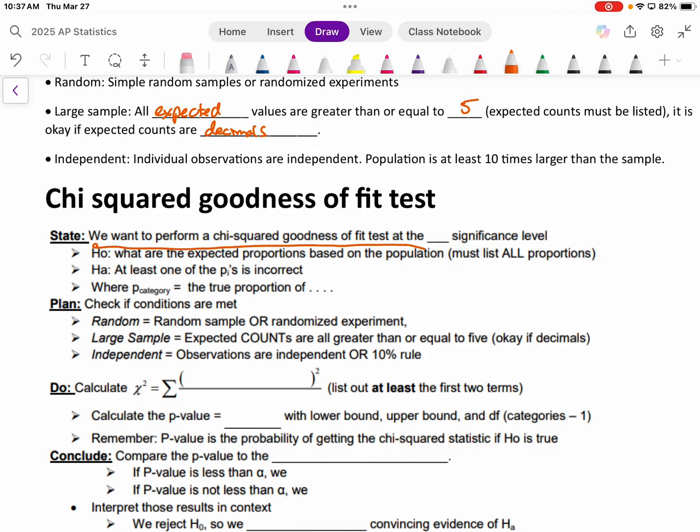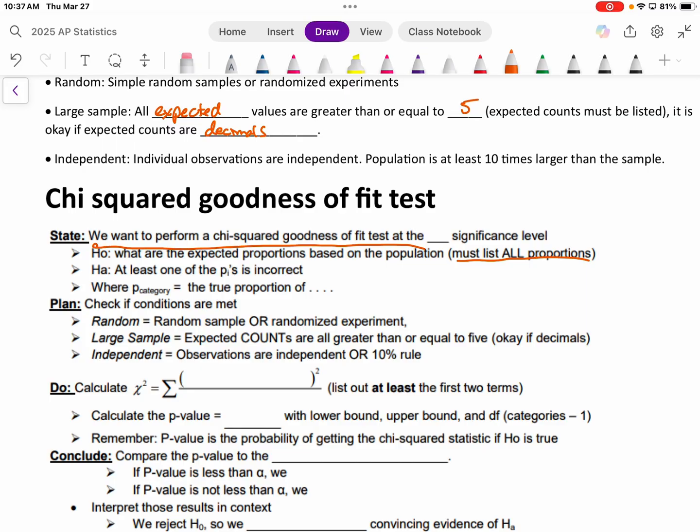In our null hypothesis, we put the expected proportions based on the population. We must list all of them. For example, I do have the data from the M&Ms that we can do here in a little bit, from my other class, on what proportion Mars, I think, who makes M&Ms, claims.